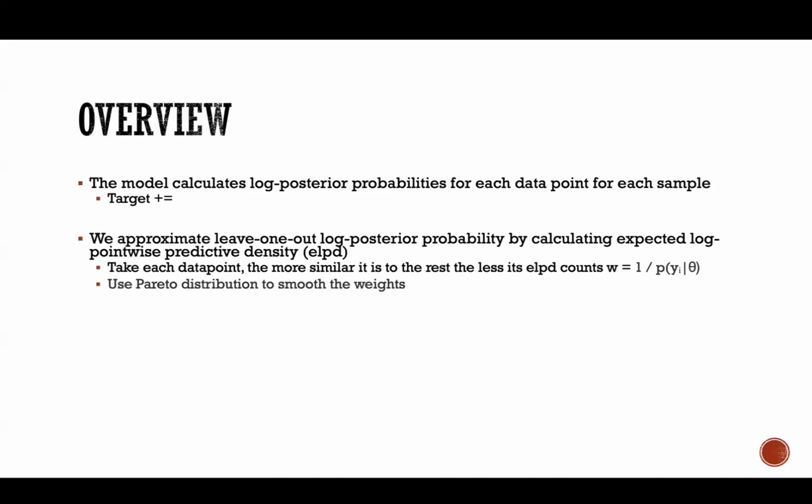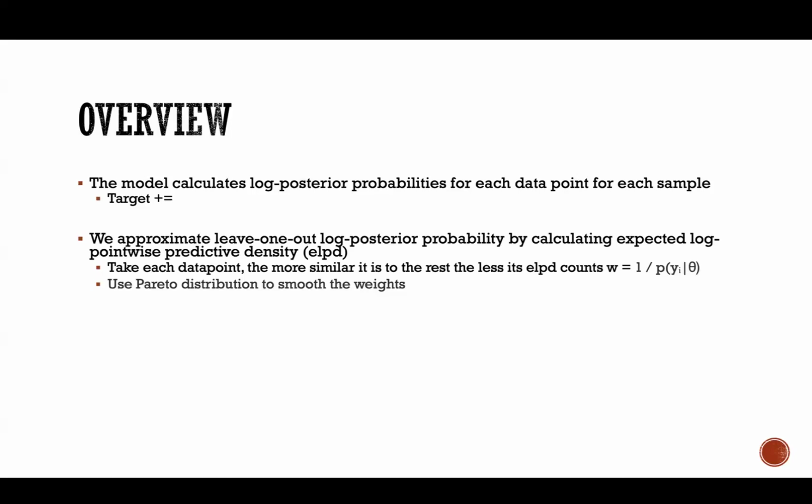So also when we calculate a proper performance of our model, we want to take into account that the log likelihood or log posterior might be overfit to the data.